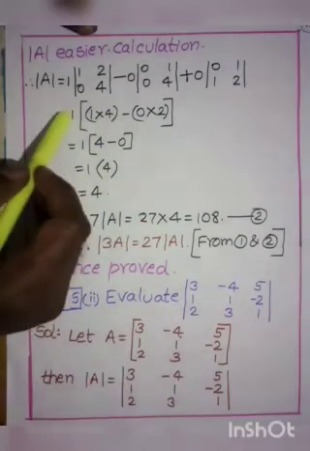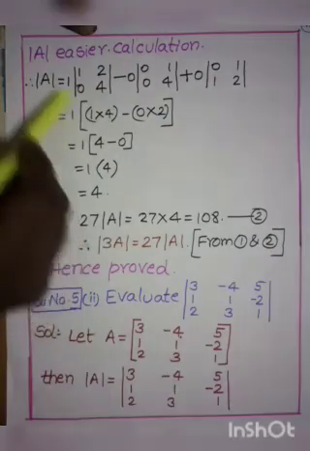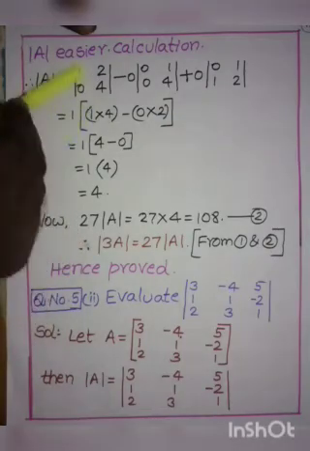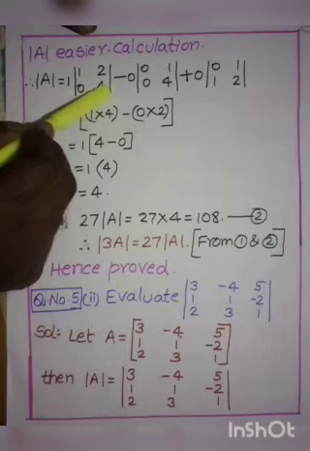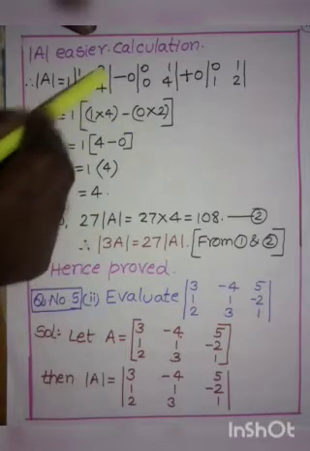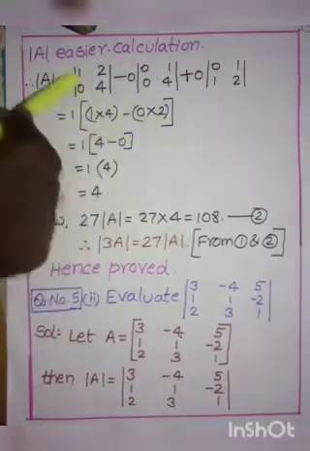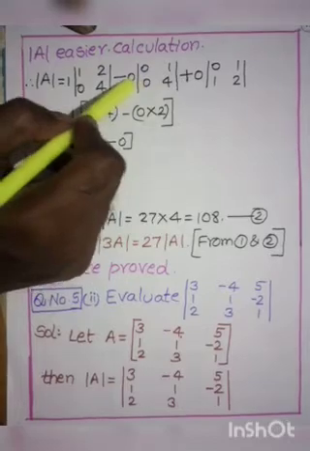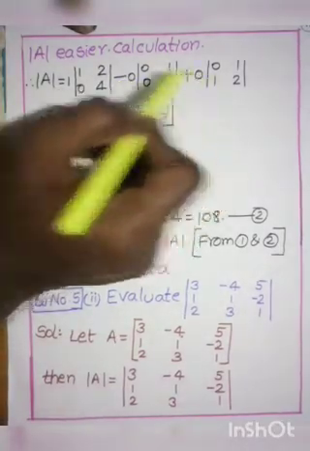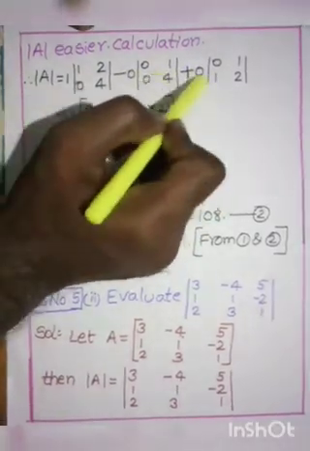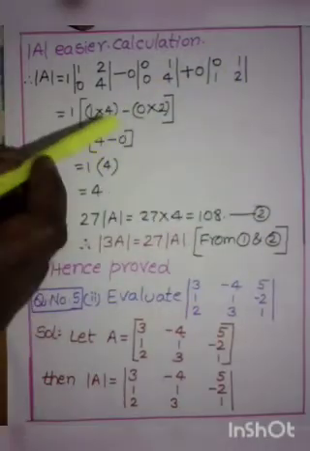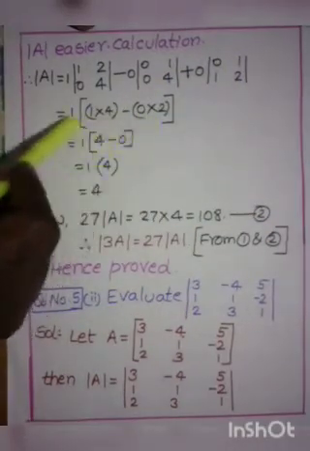Right. Now we simplify. That is equal to 1 into 4, minus 0 into 2. I am writing only the first term, because the second term is 0 and the third is also 0, since 0 into any number is 0. Understood this step, my dear children?